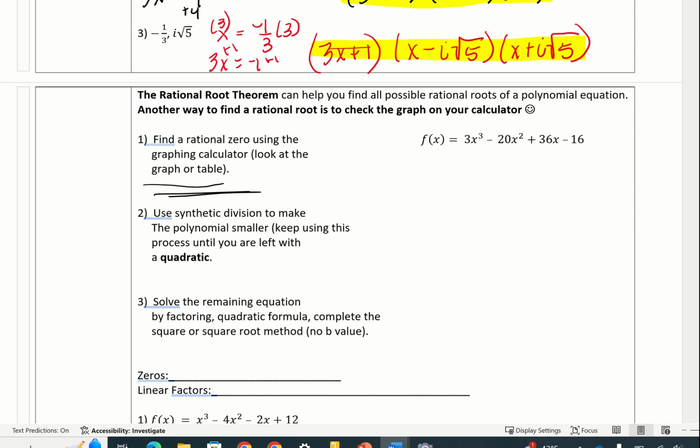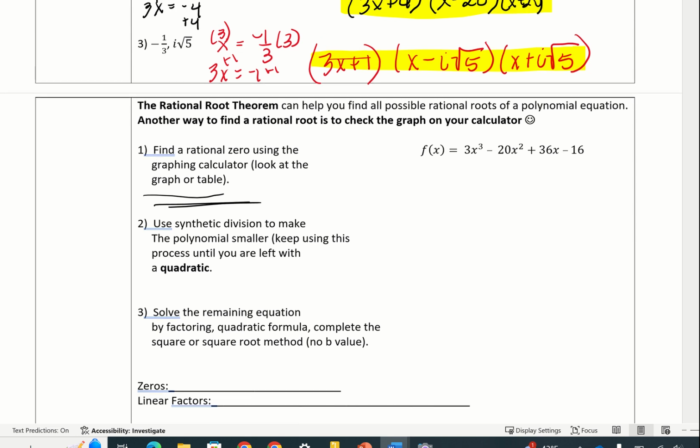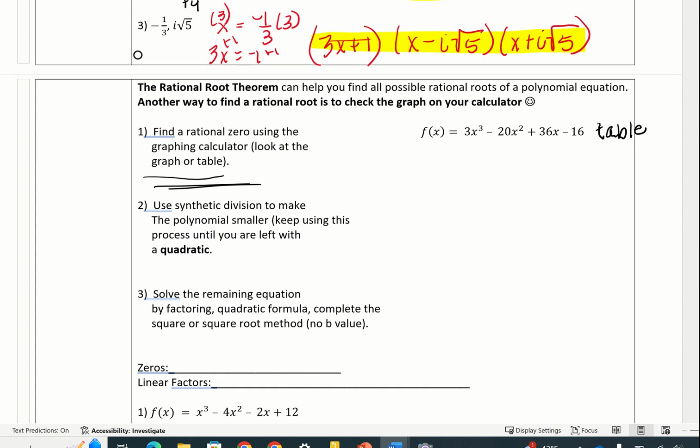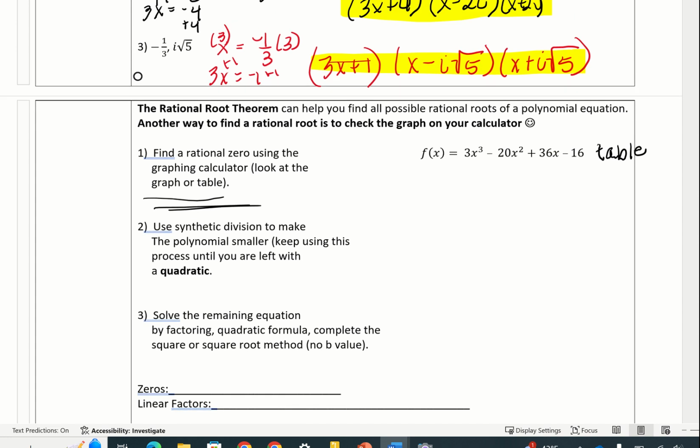So when I went into my graphing calculator, I graphed the function, and then I went to second table. And in my table, the table told me that 2, 0 was an answer. So the table told me one of my solutions was 2. So I went ahead and said, okay, I'm going to do synthetic division to divide this down a little bit lower.